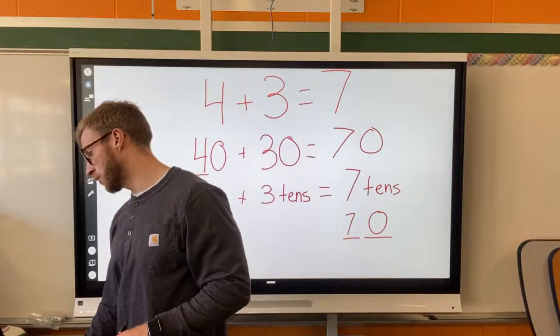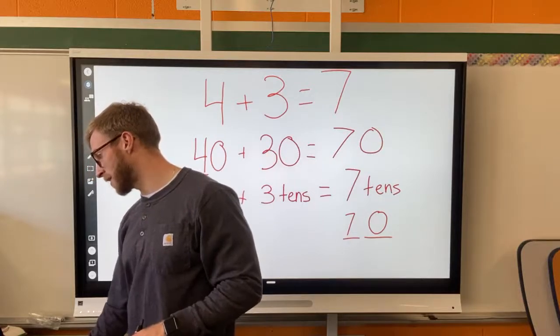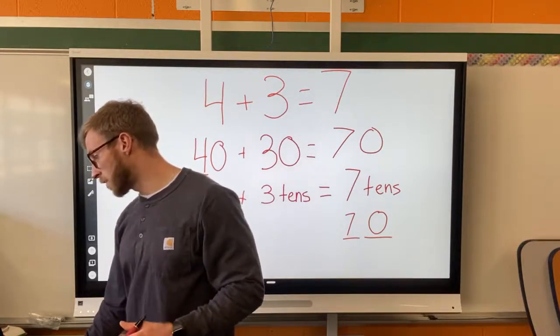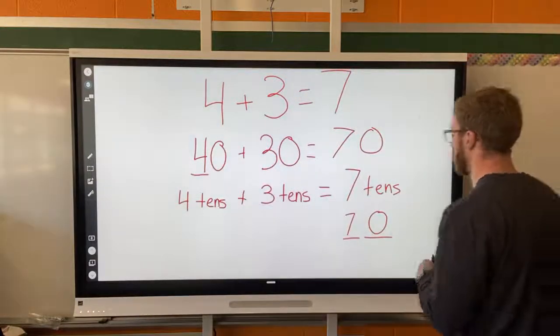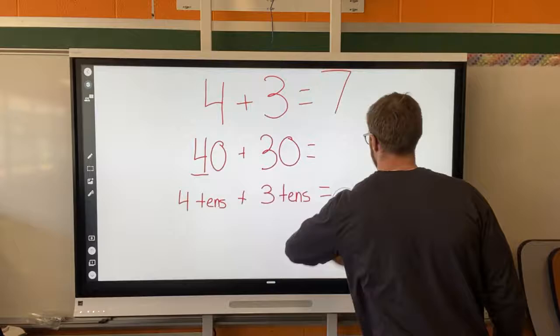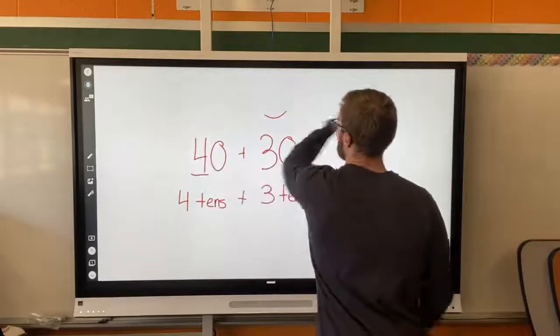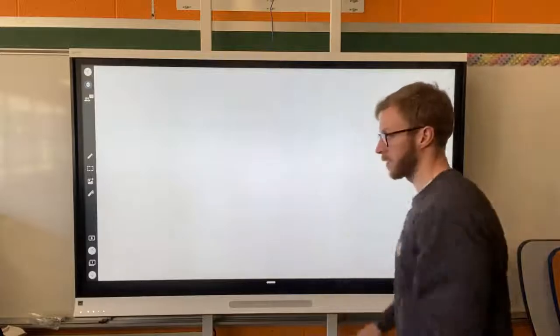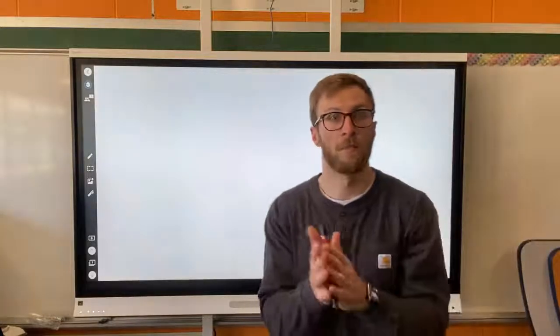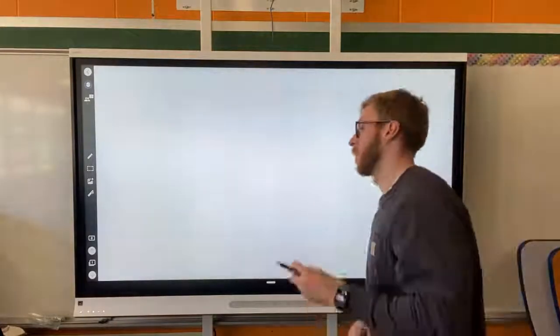All right, so we're going to use that method of changing things to tens to help us solve these problems. Okay, so go ahead and erase your board or find a blank spot. See how fast you can do it. All right. Now, this is what we're going to do.